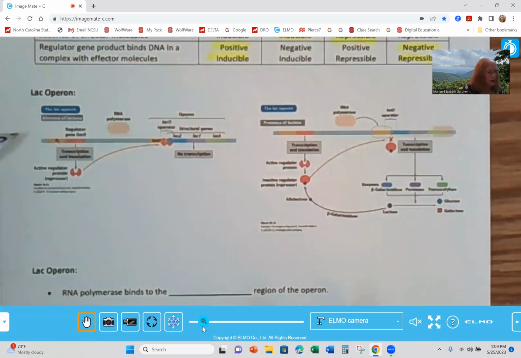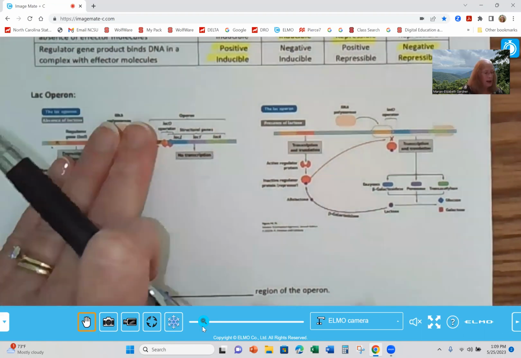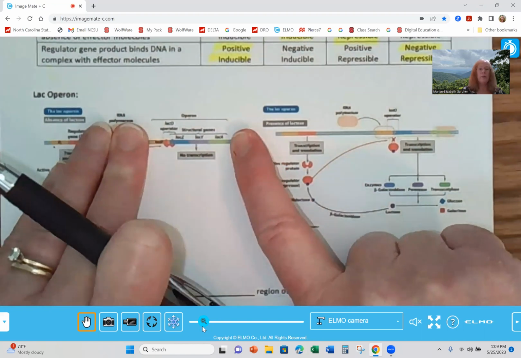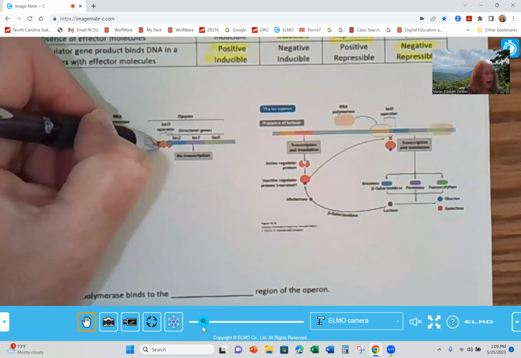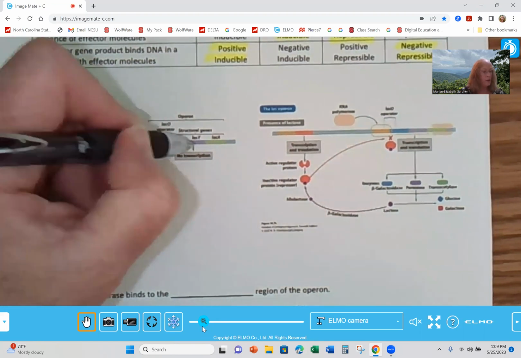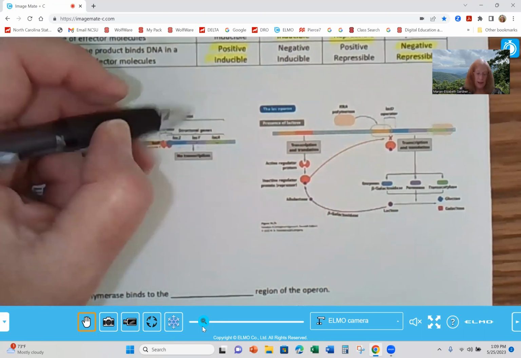Okay, so in the lac operon, outside of the operon, we have a regulatory gene product that makes the repressor. It has its own promoter, so it has its own control. But our lac operon is actually this part here. It's got the promoter region, an operator region, and then three structural genes, lacZ, lacY, and lacA.